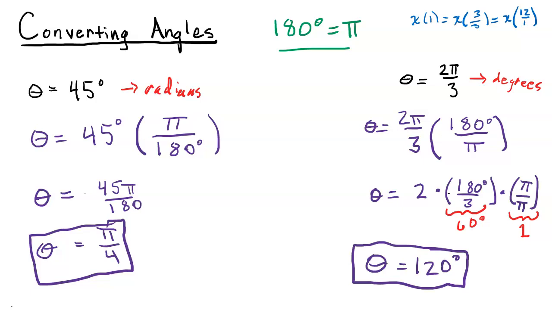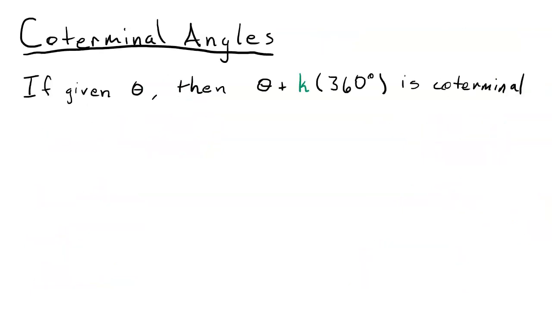The key is to make sure you have the right proportion. And the way you remember it is that you need to divide by whichever one has the same units as your original theta. Okay. Now that we're done with converting degrees and radians, I want to mention coterminal angles in radian measure.